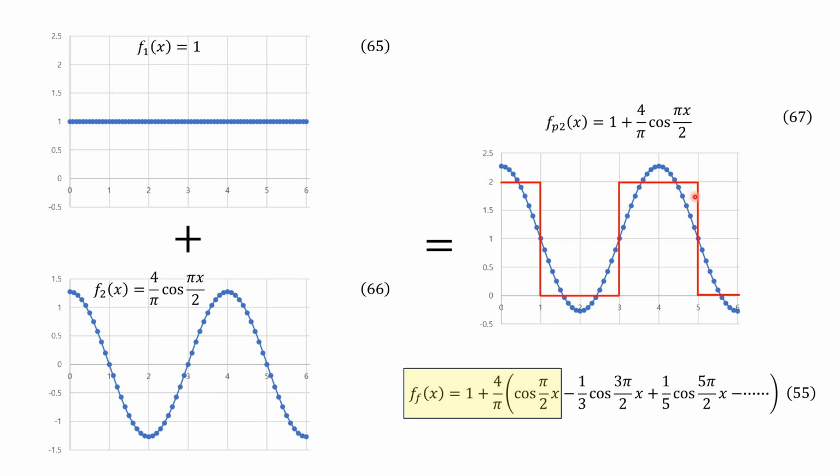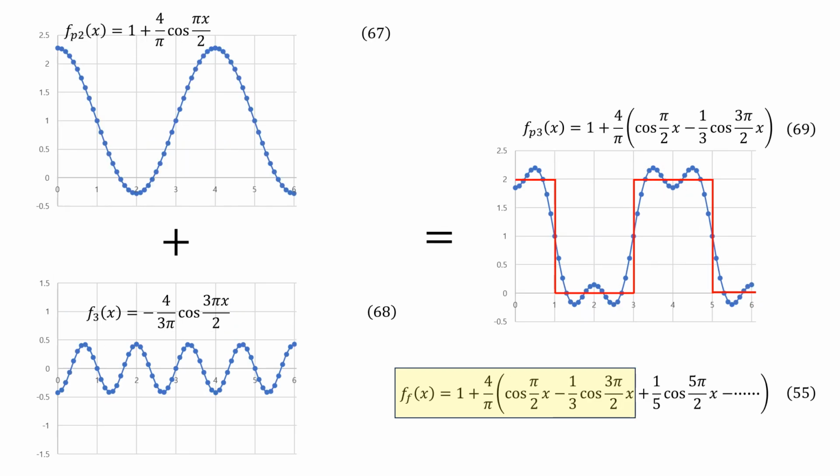The blue graph representing fp2 in equation 67 is the result of adding 1 to the cosine function f2(x) in equation 66, so it is the same as the result of the cosine function in equation 66 being vertically shifted by 1 in the positive direction of the vertical axis. Although it is different from the square wave graph, you can see that it has a roughly approximate shape.